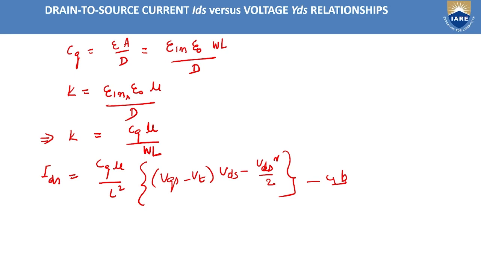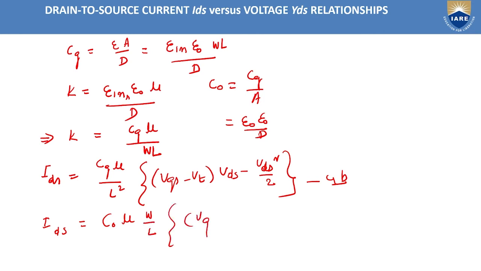CG is the total capacitance and unit area gate capacitance is CG by A. C naught is equal to CG by A. So this is going to become epsilon INS epsilon naught divided by D. So using this relationship, IDS is equal to C naught mu into W by L into VGS minus VT into VDS minus VDS square by 2. So this is the relation 4C.